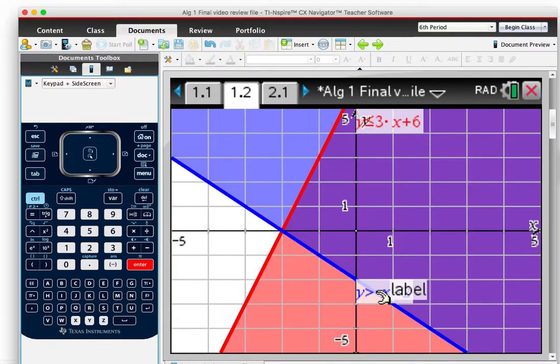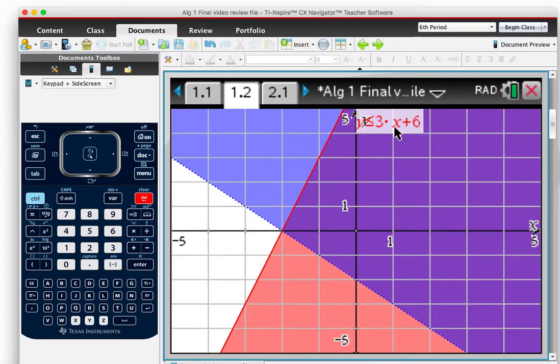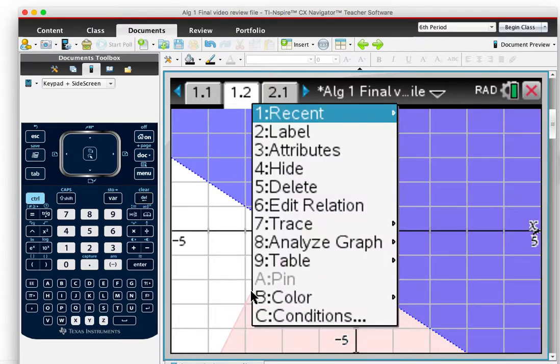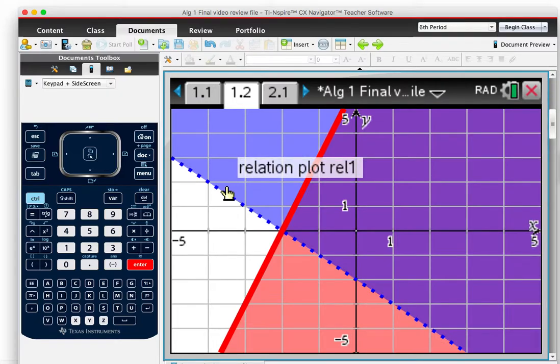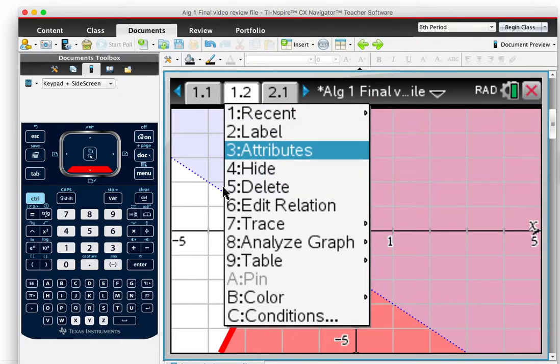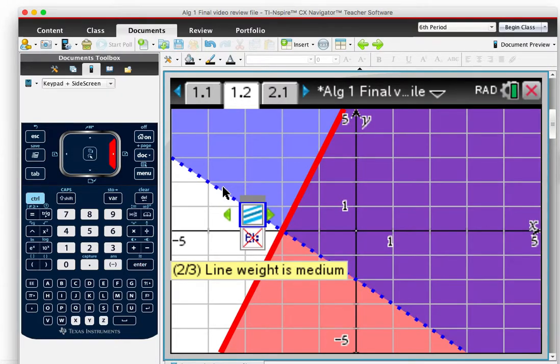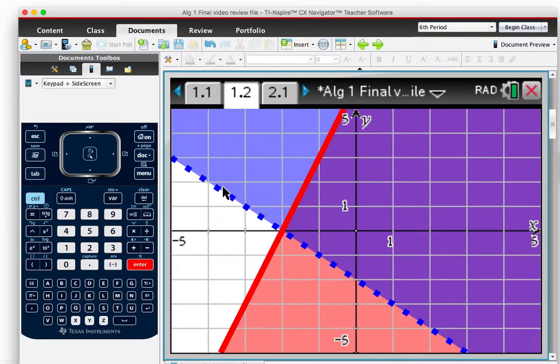On your test, first of all, you're not going to see these equations. I'm not going to have it labeled for you. But on your test, what you might see is, notice how I'm making these lines a little bit darker. So your test will have darker lines or bolder lines here and here than what you would typically see on your calculator.